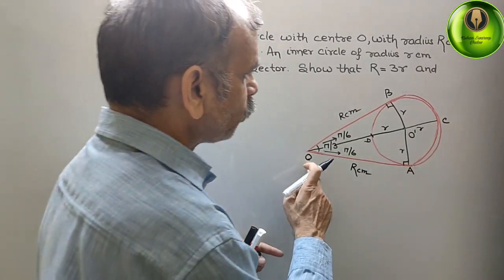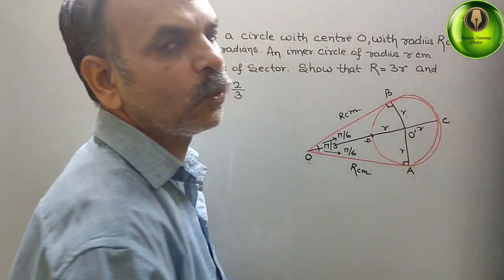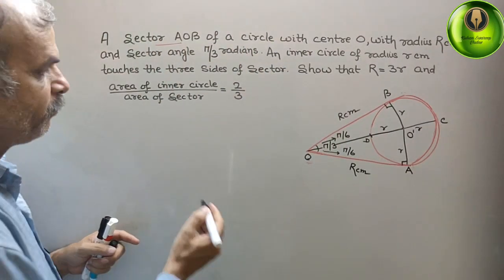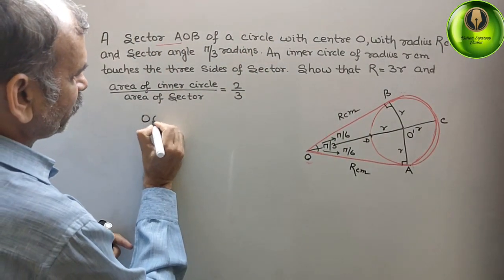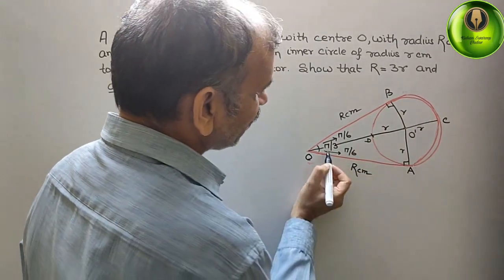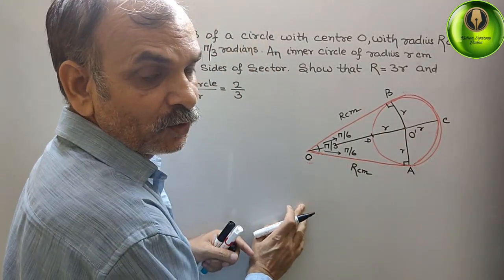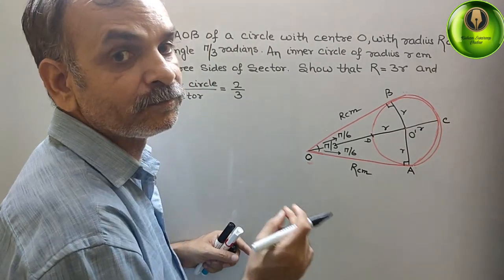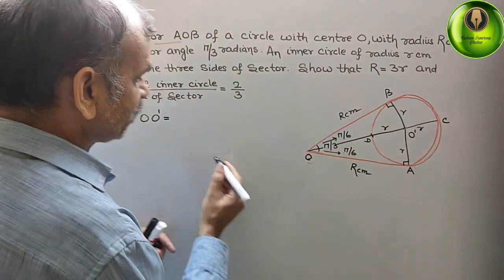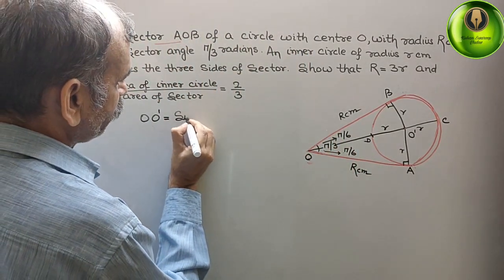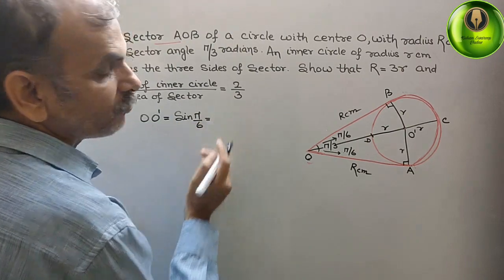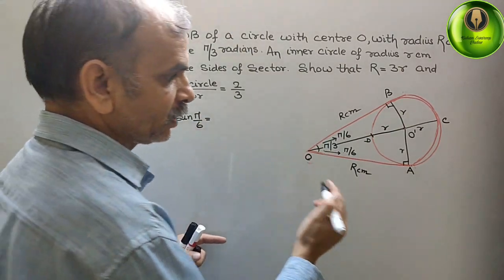Now we will find out OO dash. How it will be? This is 90 degrees and this angle is this. So we will go for sine. Sine pi by 6 is equal to opposite by hypotenuse.